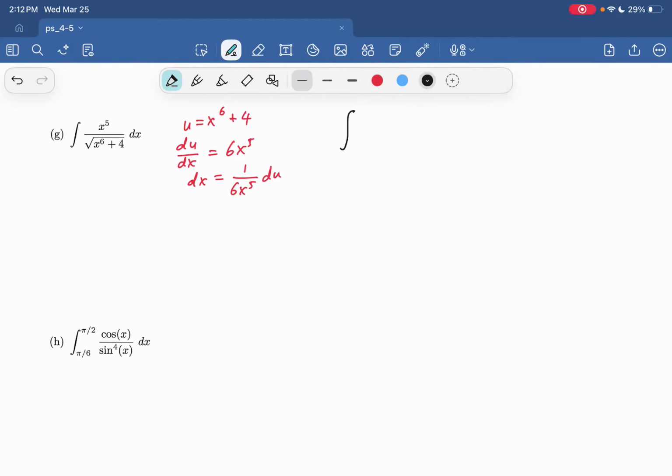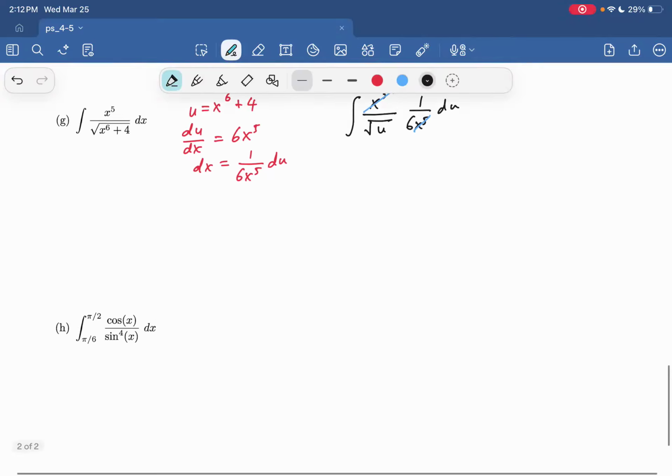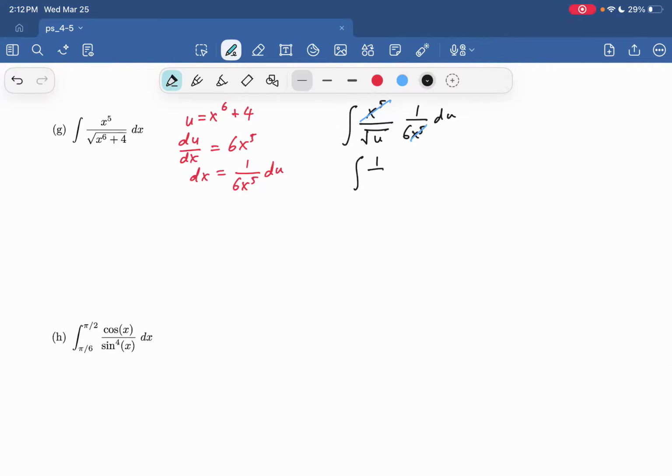When we plug this in, we'll get x to the 5th on top over square root u, right? Because x to the 6 plus 4 is u. Then dx will be replaced with 1 over 6x to the 5th du. X to the 5th cancels out. So we're left with 1/6. And then I'm going to rewrite this 1 over square root u as u to the negative half.